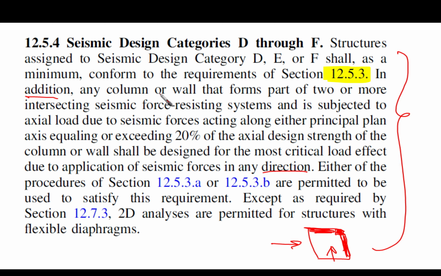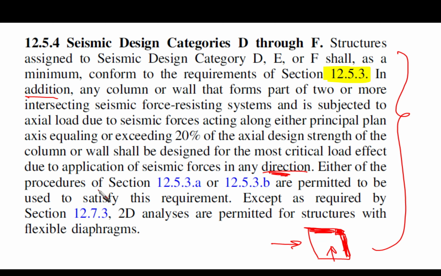If a wall or column forms part of two or more intersecting seismic force resisting systems and is subjected to axial load due to seismic force acting along either principal plane axis equaling or exceeding 20% of the axial design strength of the column or wall, it shall be designed for the most critical load effect due to application of the seismic force in any direction.